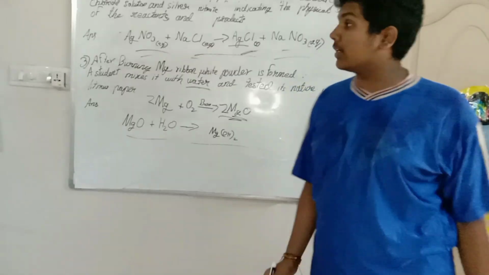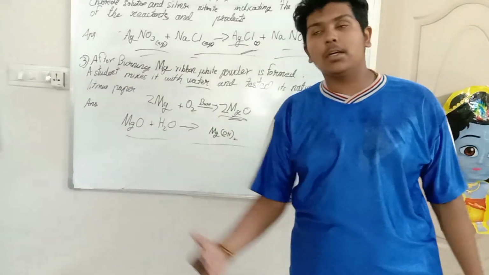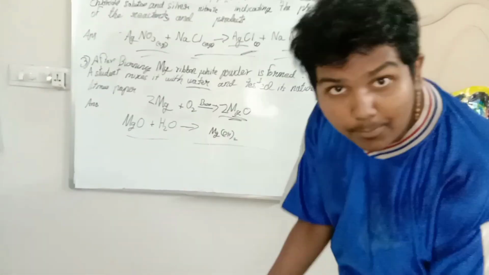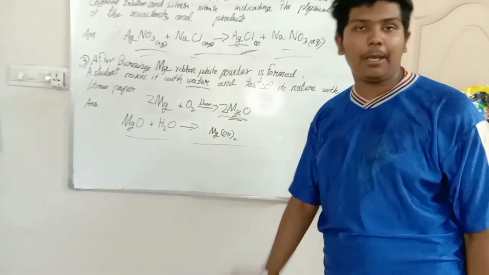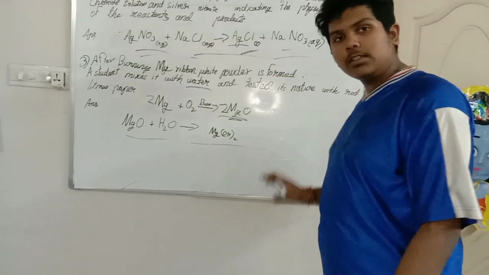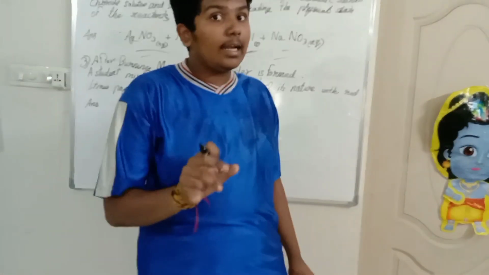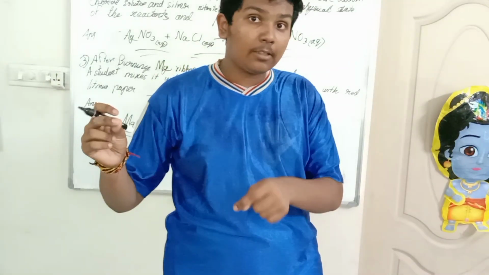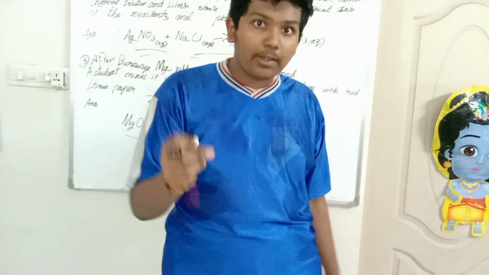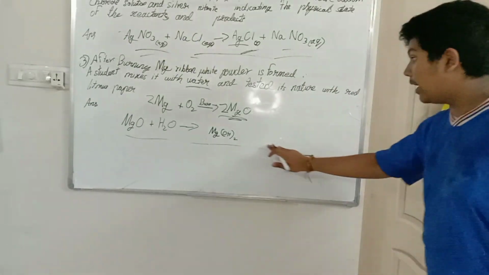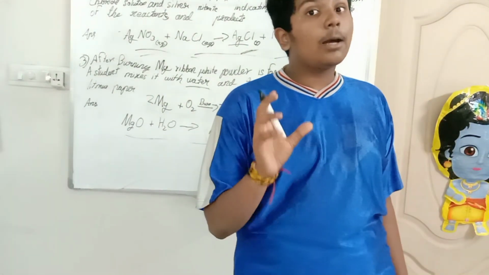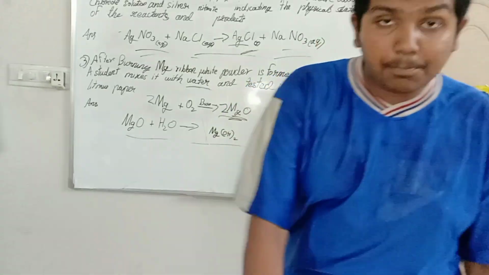But they're asking what you observe when you tested its nature with red litmus paper. So this red litmus paper, red, it shows that it's acidic. But when you're testing it with magnesium hydroxide, what do you get? You will get a blue color, which means it's base.